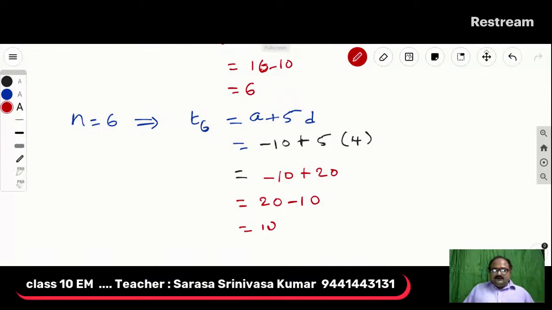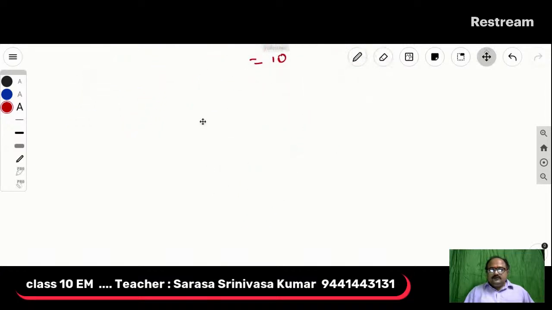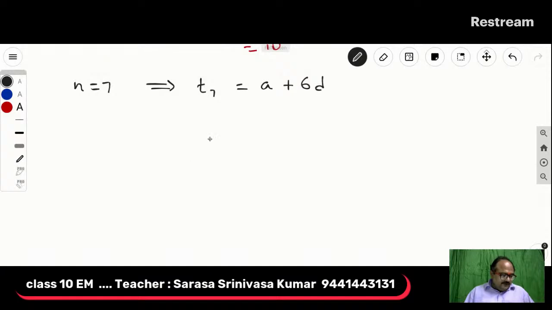So here we got T6. Now we calculate T7. N equal to 7 implies T7 equal to a plus 6d.